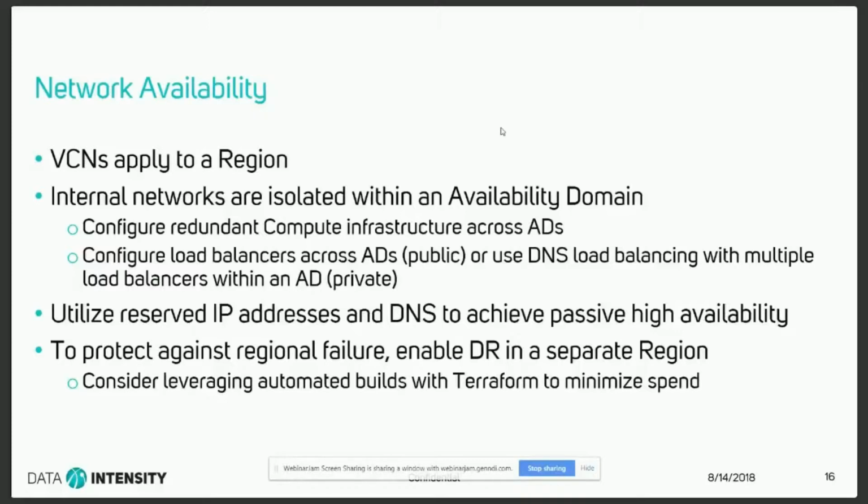One of the things that you can do, though, to minimize your spend is to leverage Terraform build scripts to be able to create your infrastructure on the fly and simply restore from backup. You can also replicate your data to a separate region using asynchronous Data Guard replication, and then have scripts to be able to increase the size of that so that you're not overspending on your replicated environment, but only increasing that spend when there is an actual DR test or an actual failover.